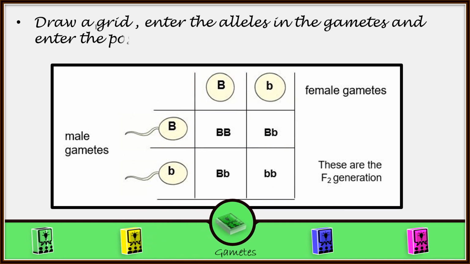You draw the grid. What we do is draw the grid as we have seen. That is our grid.